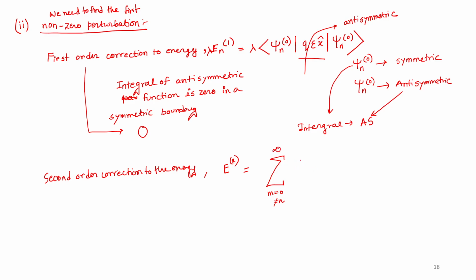We have psi m 0th, your qEx psi n 0th, divided by En 0th minus Em 0th.